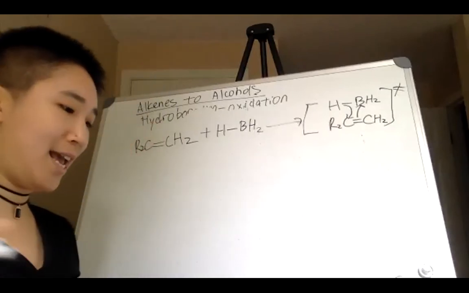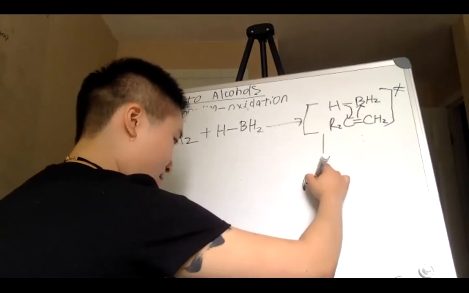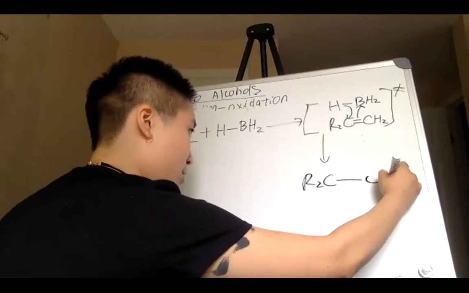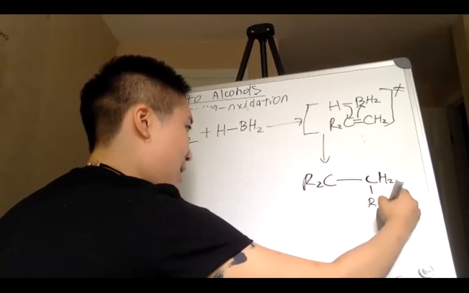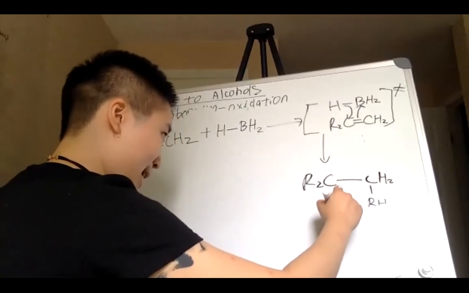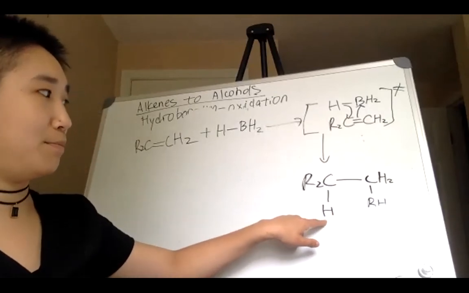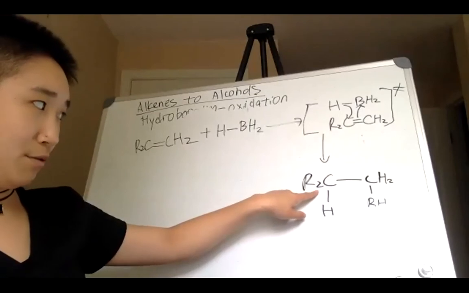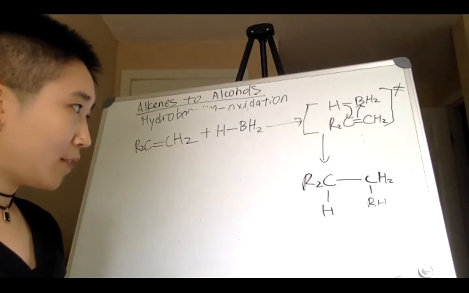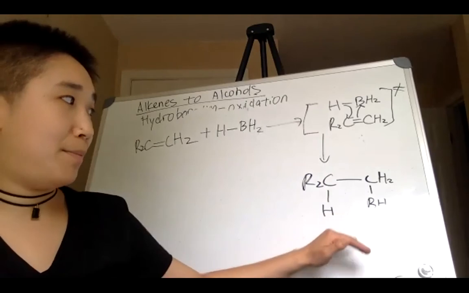So what are we going to get from this? Well, we're going to get this R2C-CH2 and we have BH2. And to this, we add an H, right? We break this BH bond and we move this H onto the carbon on the left. That's what we have. So just now we focused on one BH bond and this process happened.